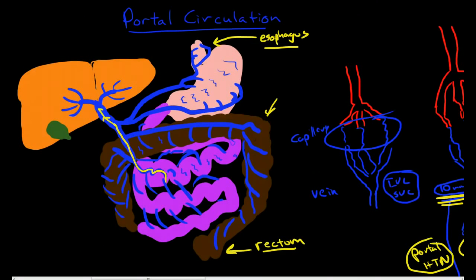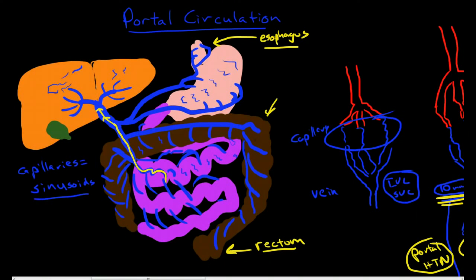And then it flows into the liver, and then from the liver, after it flows through lots and lots of capillaries, and these capillaries in the liver, because they're so specialized and unique, they get their own name. So the capillaries in the liver are called sinusoids, and we'll talk about those in the next video.